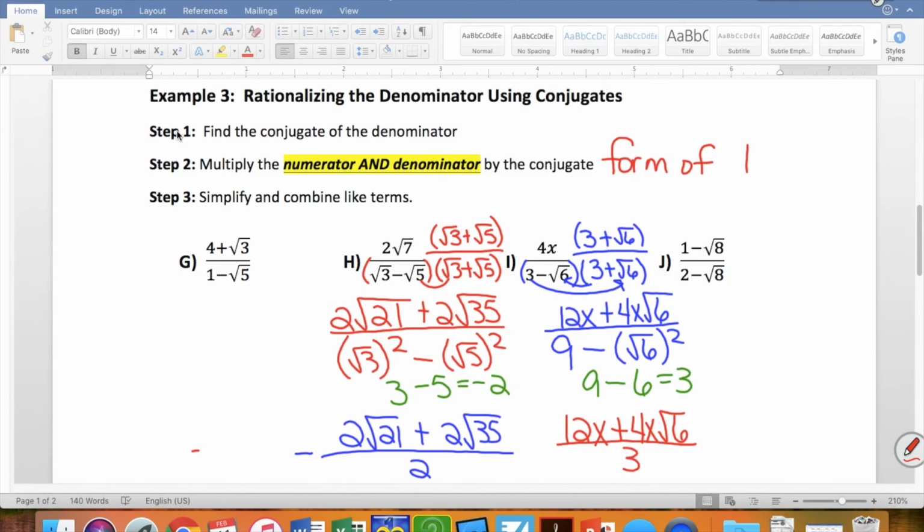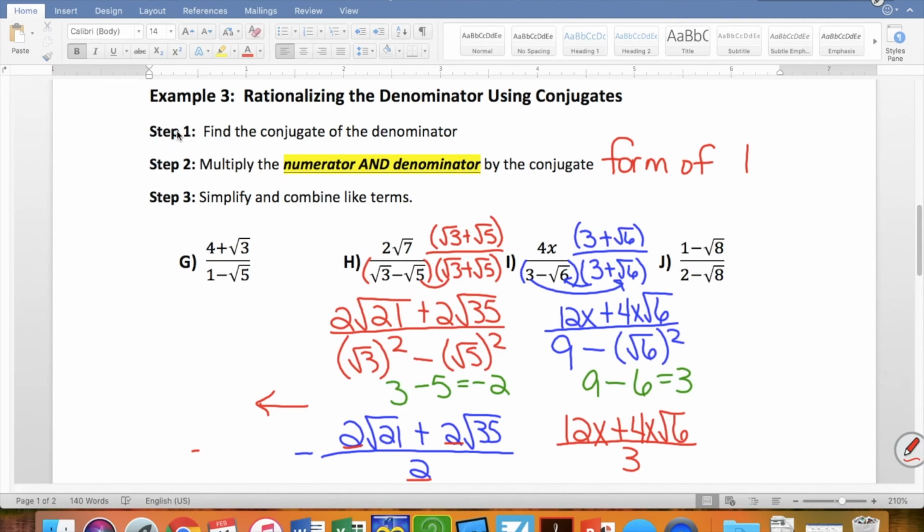Okay? Oh, I just realized I didn't totally simplify problem H. And I hope maybe some of you guys caught that. What could I do on problem H? I'm going to go ahead and finish it over here. Notice that I have a 2, a 2, and a 2 as coefficients or constants. If every one of them has a common factor, remember I can take care of those factors.